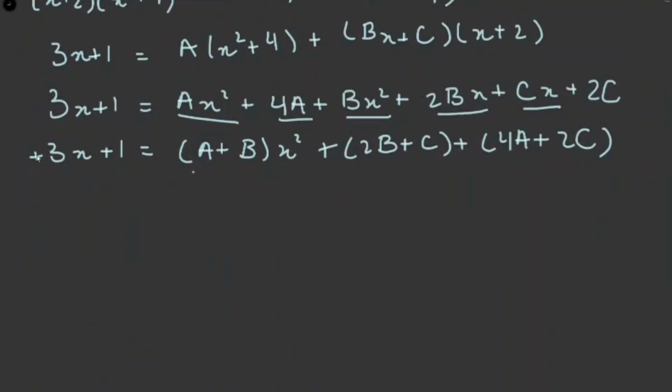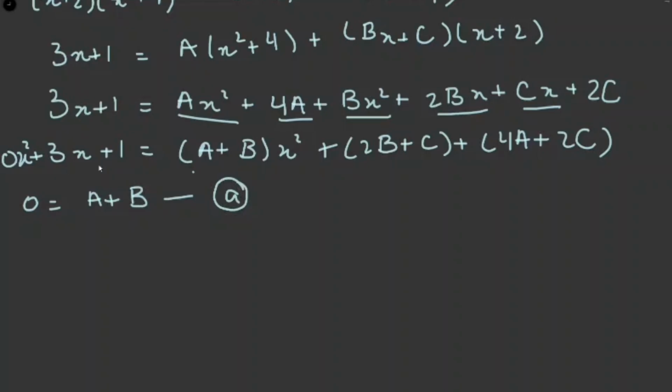Now you have to compare the right side and the left side. For x squared we don't have any value on the left side, so we would just write 0. So we get 0 is equal to a plus b. This is our equation 1, equation a for coefficient of x squared.